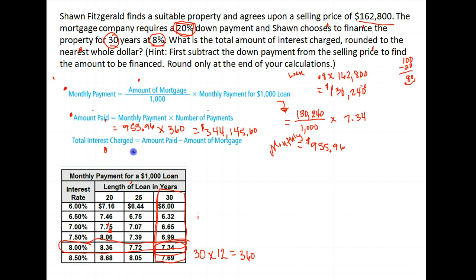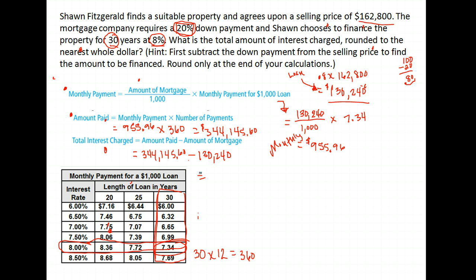Finally, we can find our interest charged. We take the amount he pays, $344,145.60, minus the amount he actually borrowed. So how much did he borrow? Remember, he had that 20% down payment, and the amount of his loan was actually $240,000.